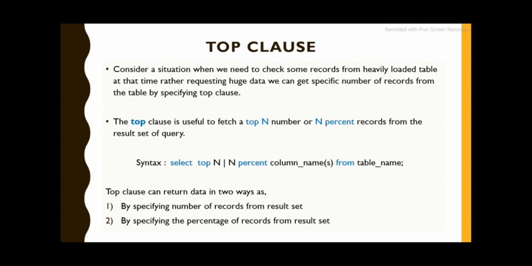The basic syntax of the top clause is SELECT TOP n or n% column names FROM table name. The top clause can return data in two ways: by specifying the number of records from the result set or by specifying the percentage of records from the result set.